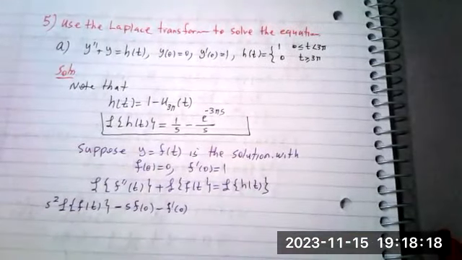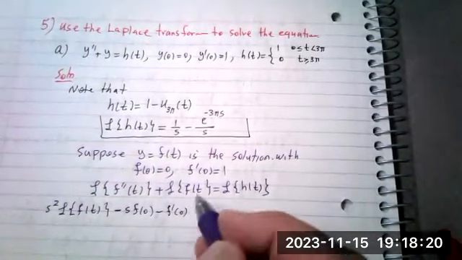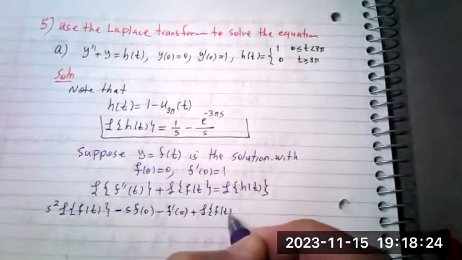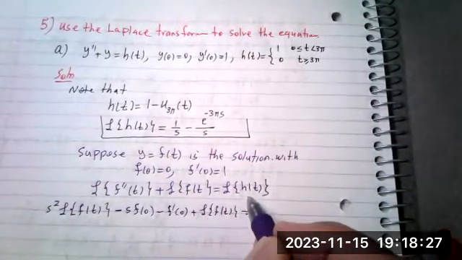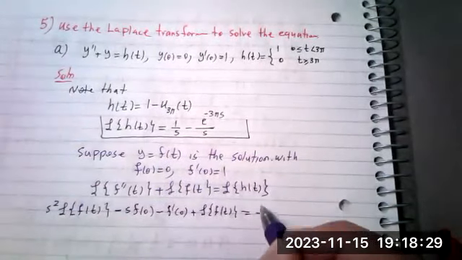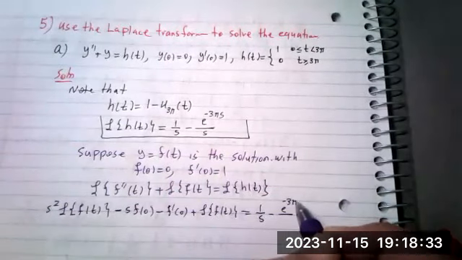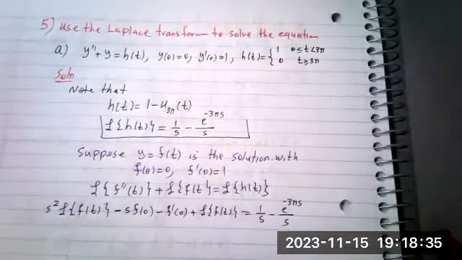That's the Laplace of the second derivative. Then plus the Laplace of f of t equals the Laplace of h of t, which you already got: 1 over s minus e to the negative 3 pi s over s.